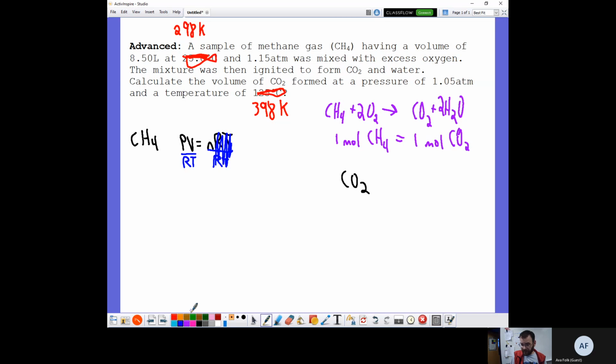Now, the pressure is listed in the problem. As you can see there, it says that the pressure is 1.15 atm. So there's our pressure. So we're at 1.15.